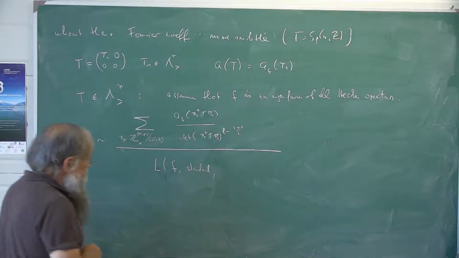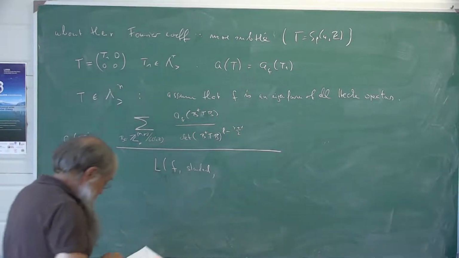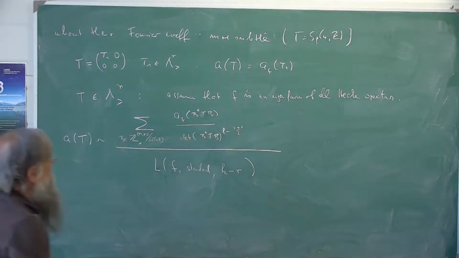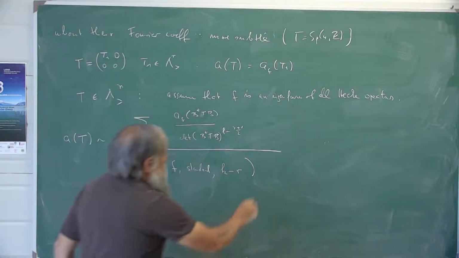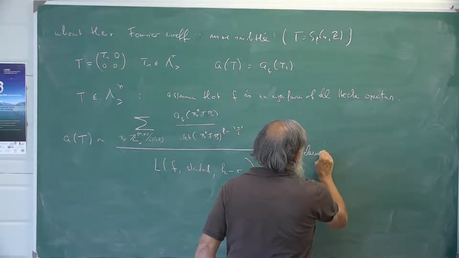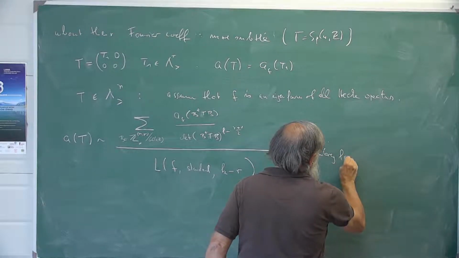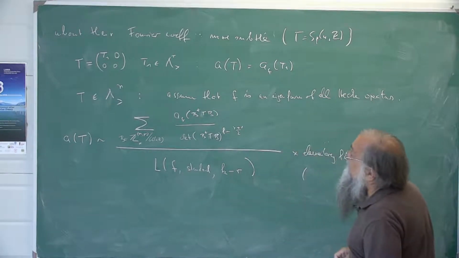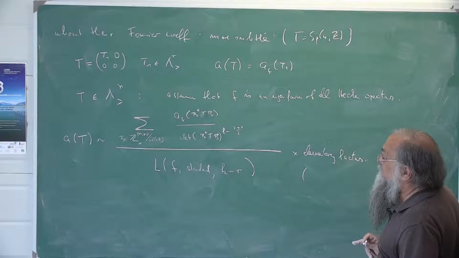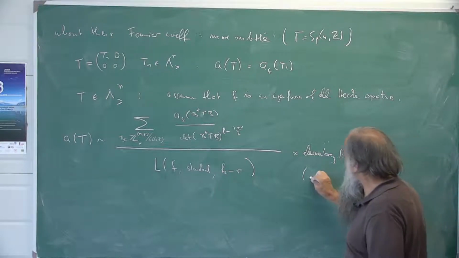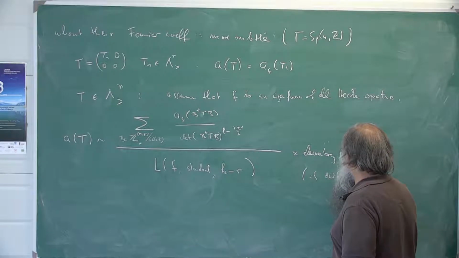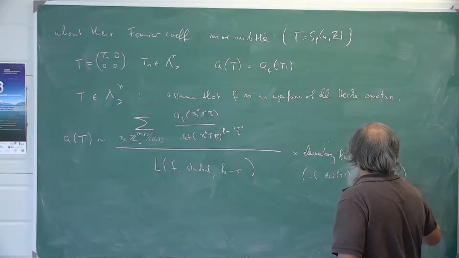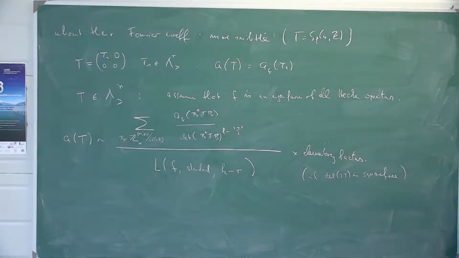This is a standard L function which I defined last time, at the point k minus r, times some elementary factors. To tell the full truth, this is only correct if T is square free, otherwise you get more complicated things.